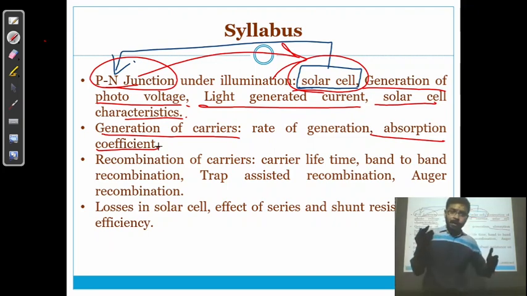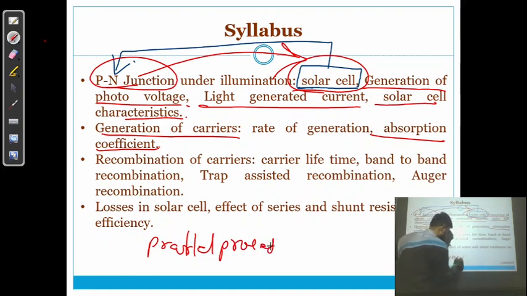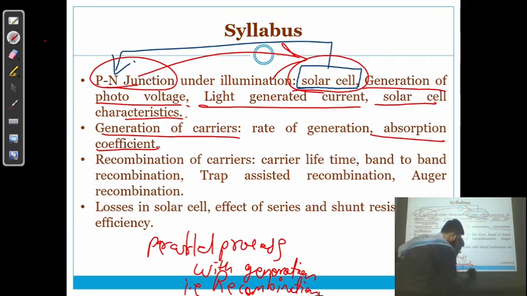Now, in this process of generation of electron hole pairs, there is always a parallel process going on with generation, that is recombination.